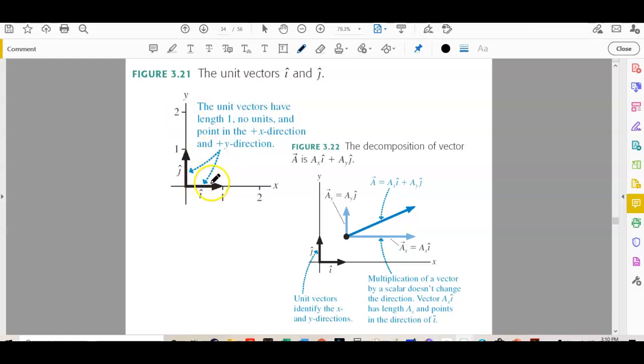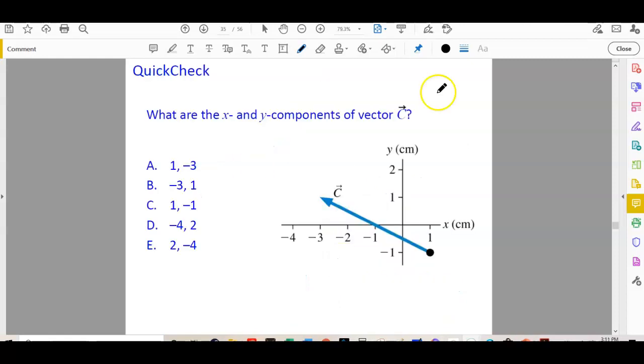So graphically, it's this. If you have an a vector that's pointing up and to the right, then its horizontal component is going to be ax i, and its vertical component would be ay j. All right, let's practice this again.